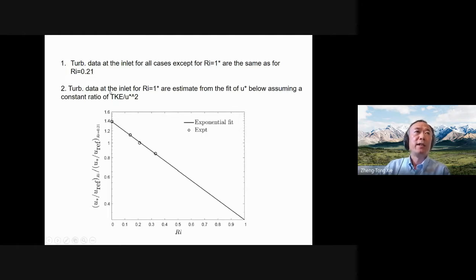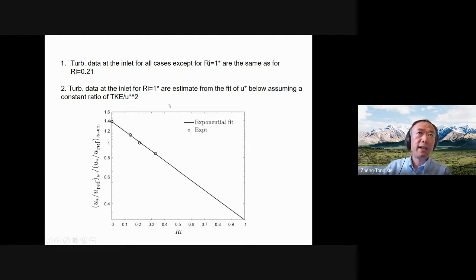But people will think that in different Richardson numbers, different stratification cases, the turbulence might be different. In reality, they are different, so we tried to do something more.